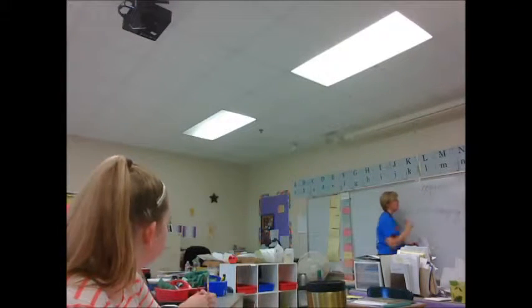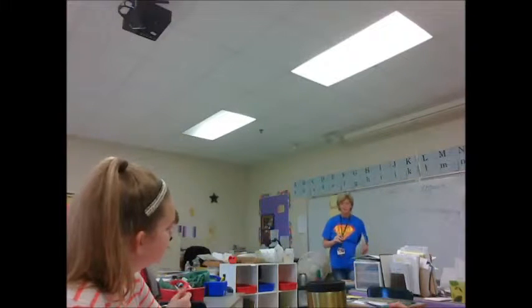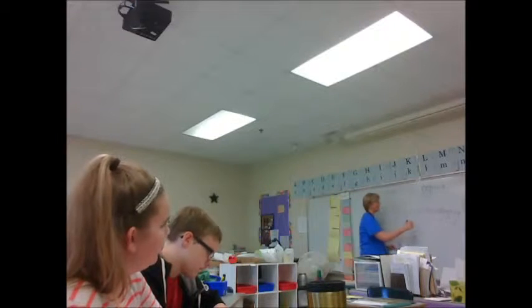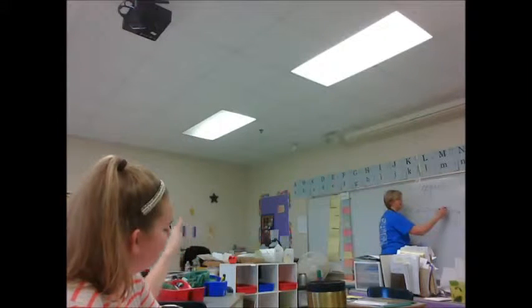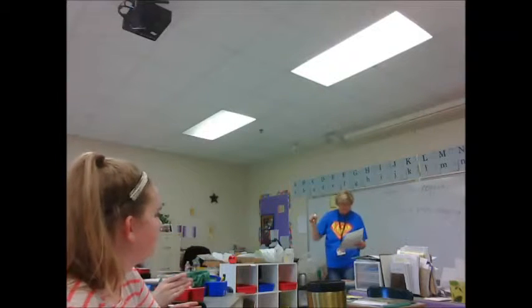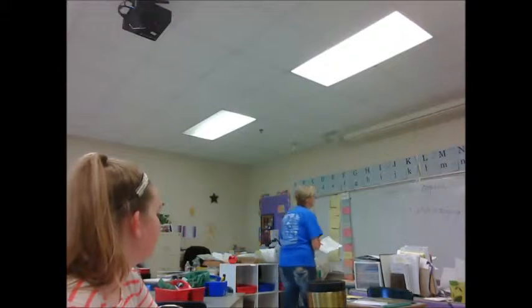V-A-R-Y-I-N-G. So I have my varying, correct? Very good. So why do we keep the Y? Because you can't have two I's right next to each other. Very, very good. Super job.